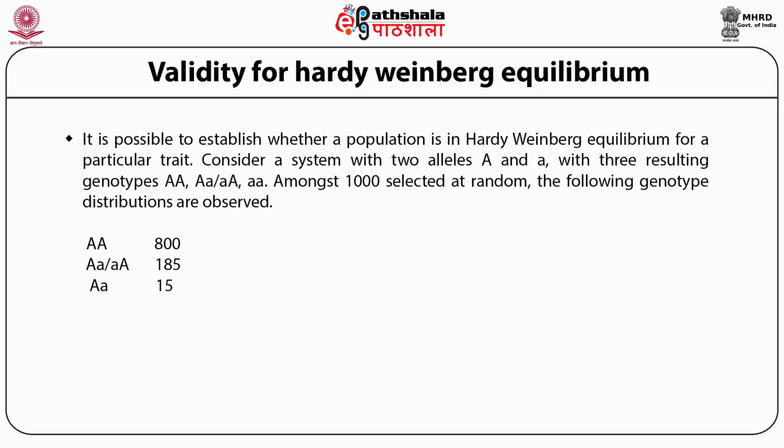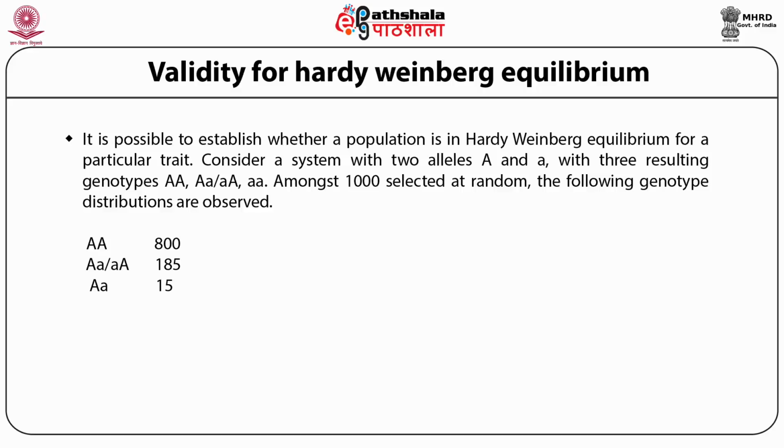It is possible to establish whether a population is in Hardy-Weinberg equilibrium for a particular trait. Consider a system with 2 alleles, capital A and small a, and 3 genotypes, capital A capital A, capital A small a, and small a small a. Among 1,000 individuals selected at random, the following genotype distributions are observed.